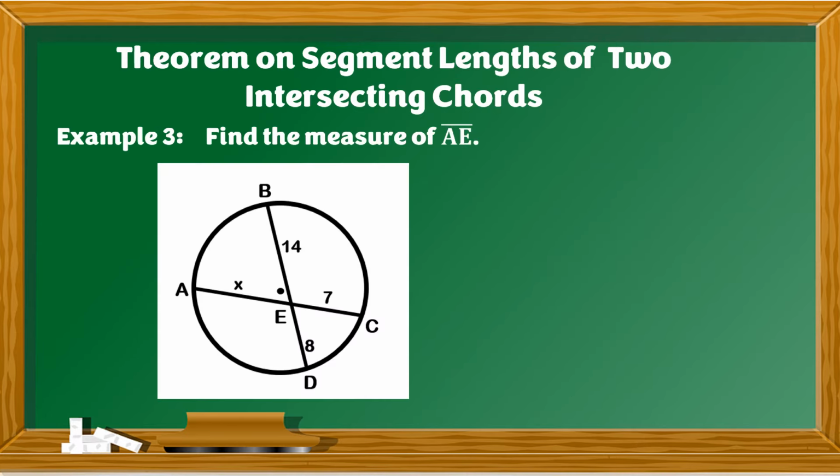Next, example number 3. Find the measure of line segment AE. So here, the two chords of the given circle are line segment AC and line segment BD. The point of intersection between the two chords is point E. And we're going to determine now the answer for the first step.